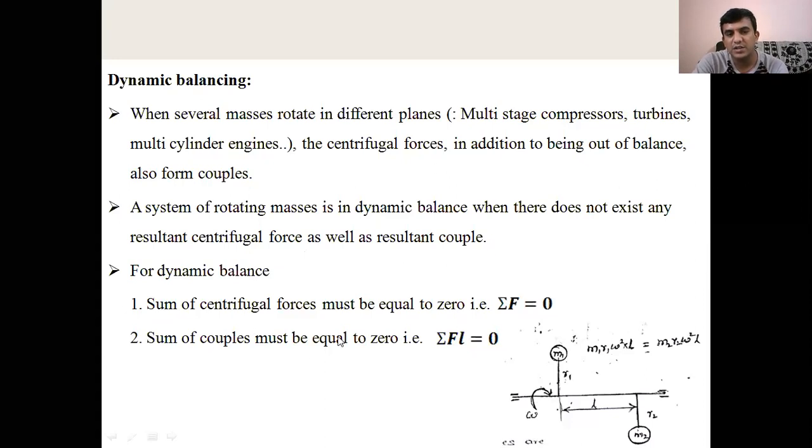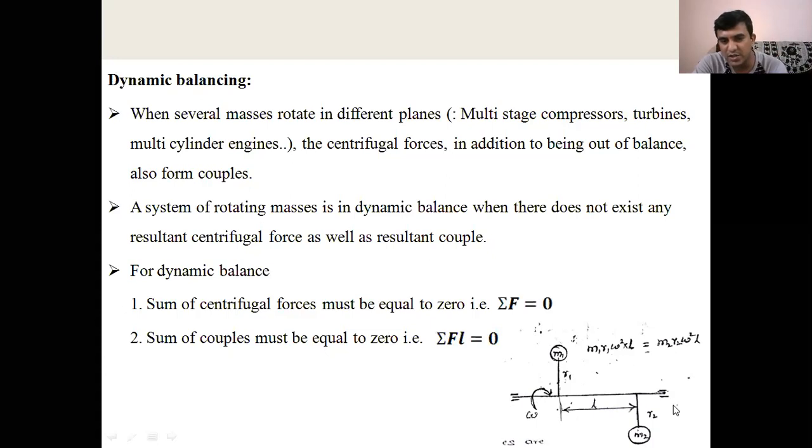Second, force into perpendicular distance between the planes gives a couple or moment, and the vector sum of all the couples or moments about an arbitrary point must be equal to 0. So for dynamic balancing: first, the vector sum of all forces equals 0; second, the vector sum of all couples about an arbitrary plane equals 0.